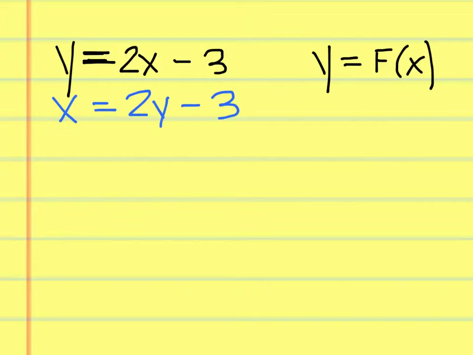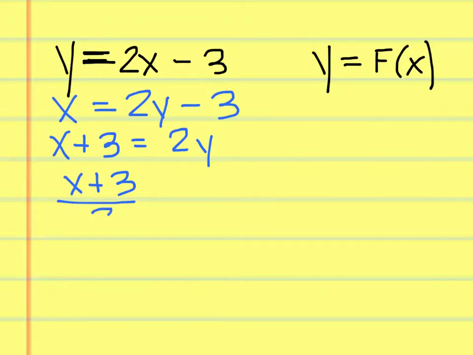So let's leave the y on the right. There's an x on the left. Move the minus 3 over with it. And then to get y by itself, we would have to divide both sides by 2, leaving us with a y on the right by itself.